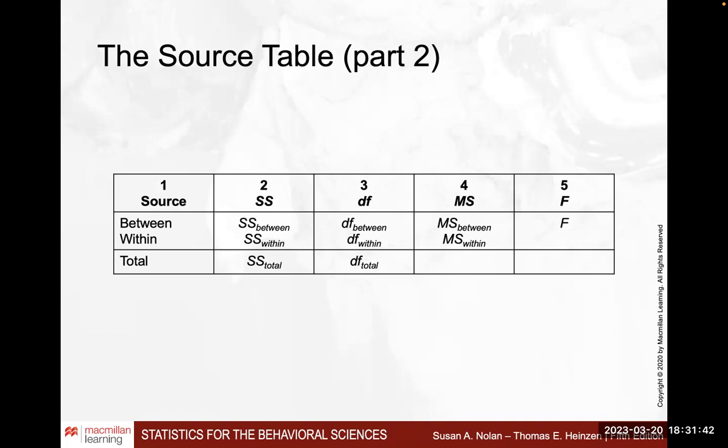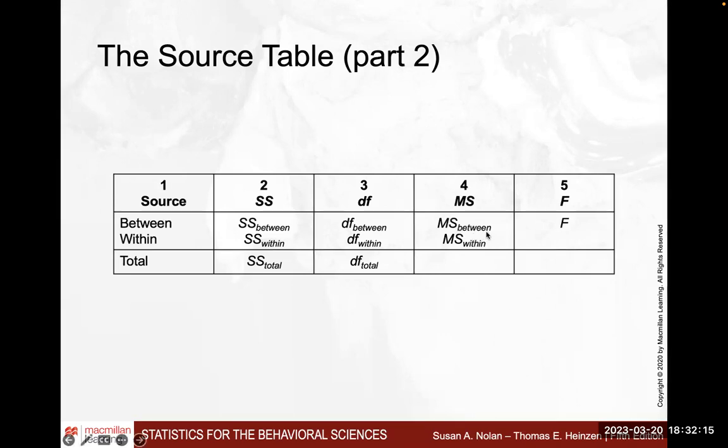Remember how to calculate the variance when you calculate the standard deviation. You calculate the individual deviations from the mean, you square these deviations, you sum these squared deviations up, you get the sum of squares. You divide it by the degrees of freedom, you are at the variance. You're doing the same thing here. You have a sum of squares between, sum of squares within. You divide it by the degrees of freedom between or within, and you get to the variance between or within.